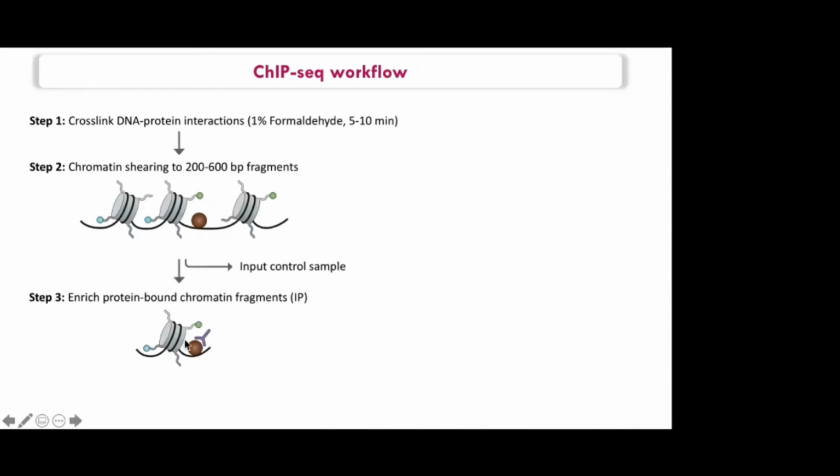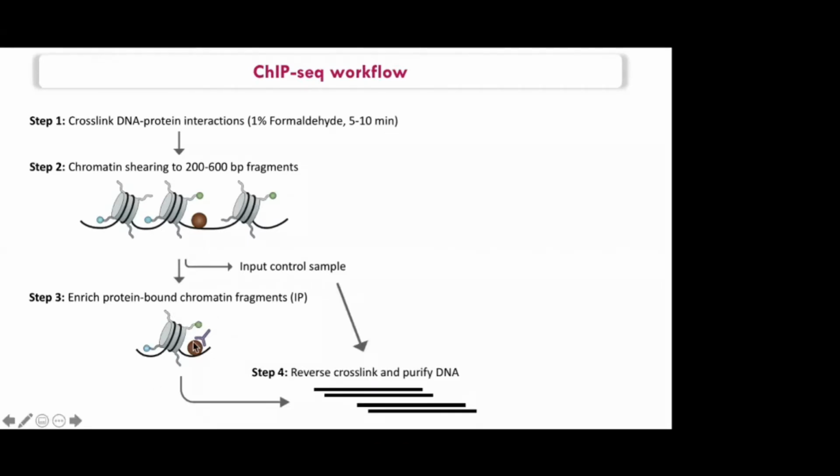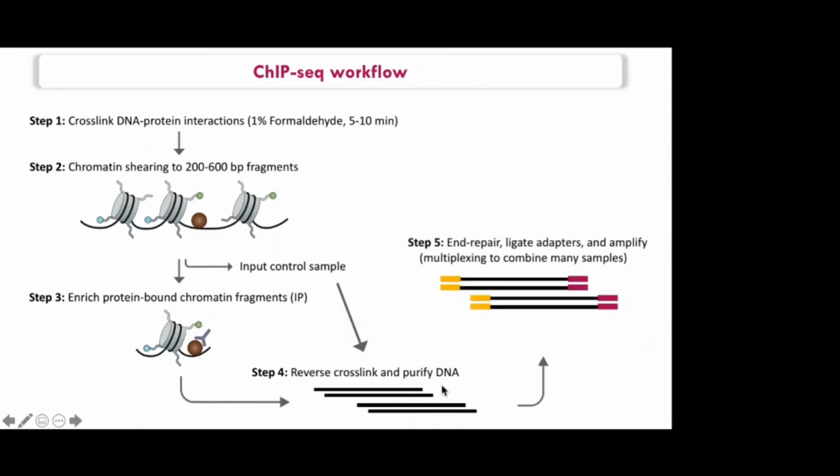You use antibodies specific to either your transcription factor or histone modifications or any other histone acetyltransferase or chromatin binding protein. So you enrich the fragments, pull down the chromatin fragments, and then there's some cleanup, reverse cross-linking, purifying DNA, and then the library preparation.